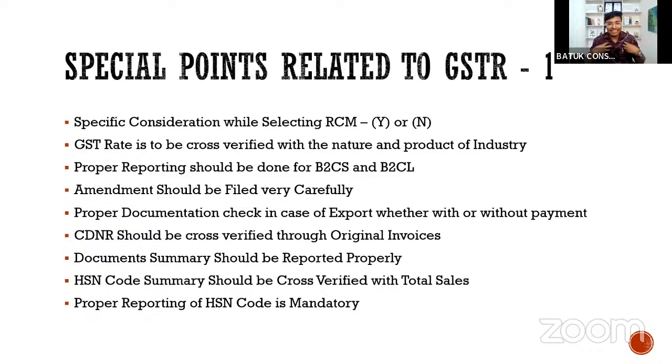That means our client as a supplier need not make the payment of the taxes. The recipient will make the payment, because the activities or transactions undertaken by our client are provided in section 9 subsection 3 of the CGST Act and covered under the list of goods and services on which RCM is applicable.